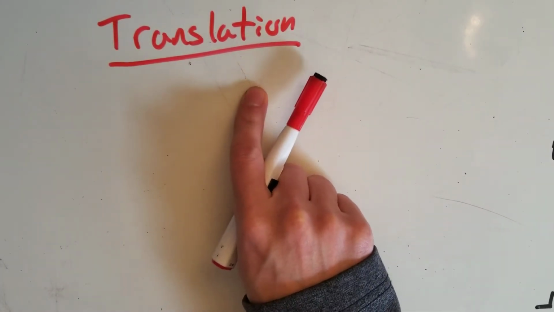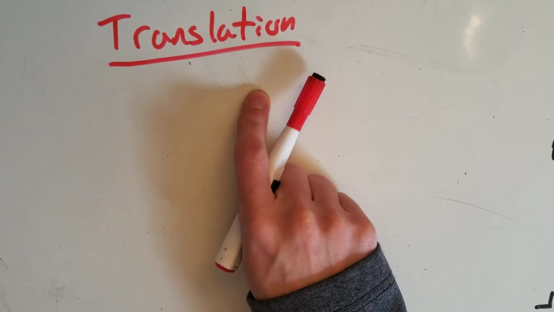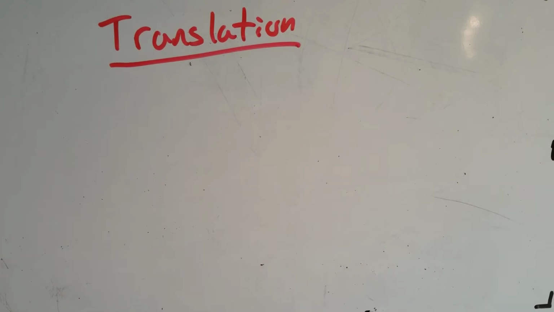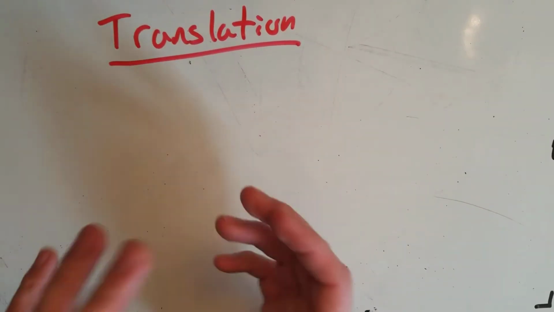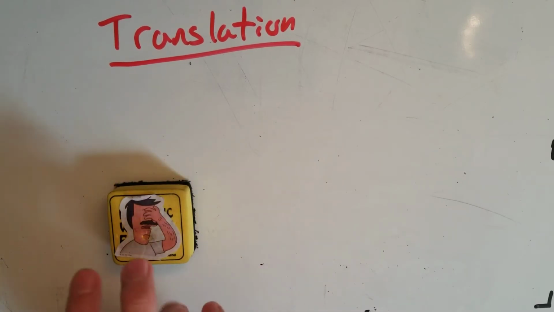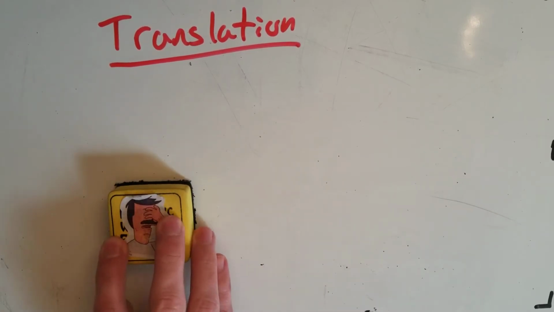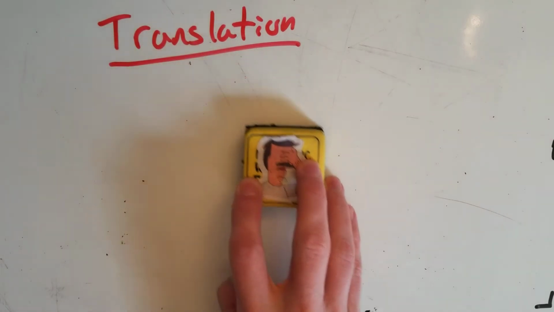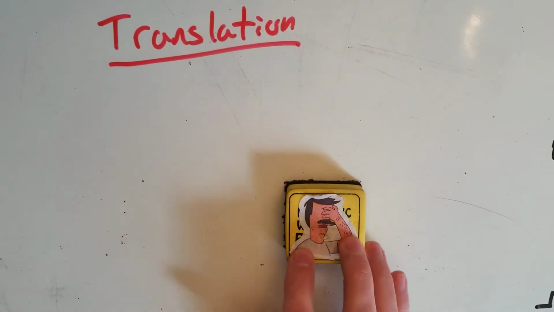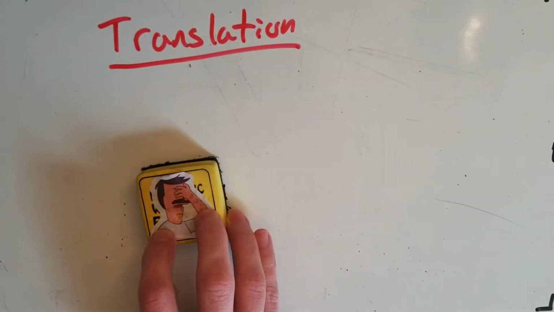That means that each point is going to be moved in the same direction, and it's going to go the same distance, but the figure is not going to rotate around, it's not going to reflect over, it's just going to slide around. Like if I took this eraser, all we're going to do is keep this exact same position, but now we're just going to slide somewhere and slide somewhere. We're not going to rotate. We're just going to keep the same orientation and just move around. That's what a translation is.